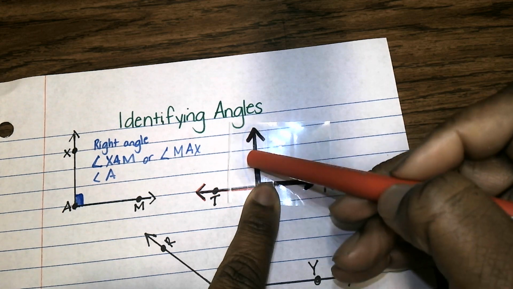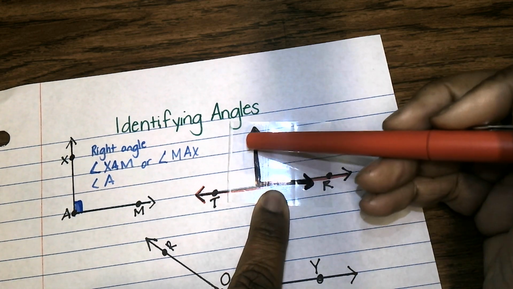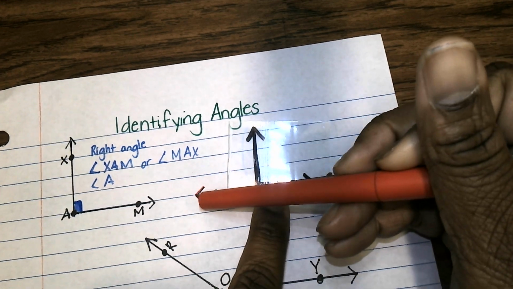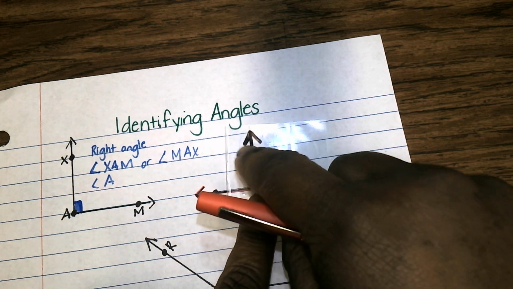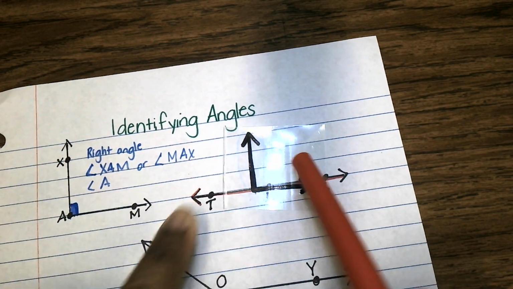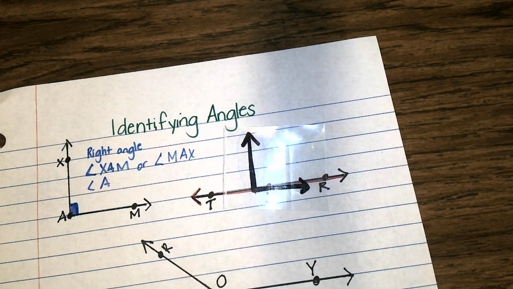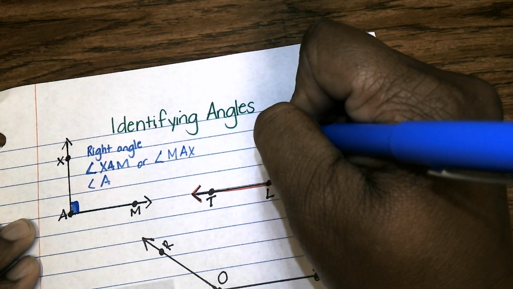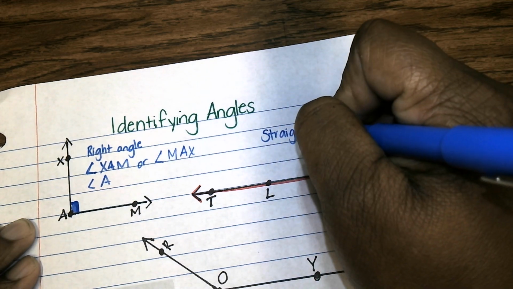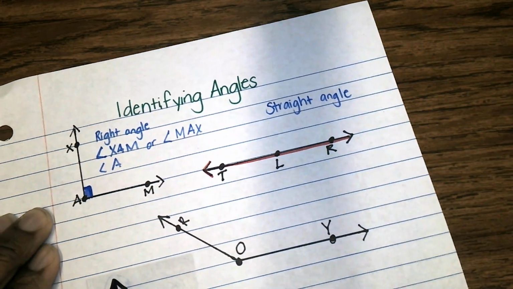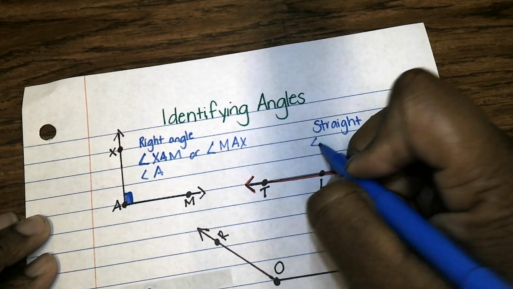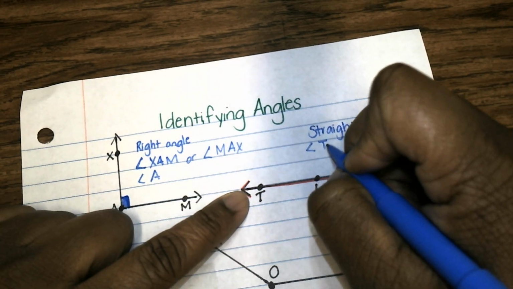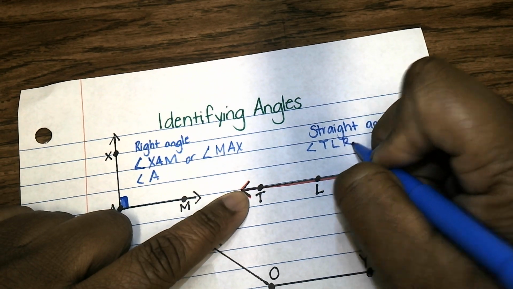Well, in order for that to happen, this part of the angle, or this ray, would have to go backwards and essentially lay flat. So we know that an angle that just lays flat across in this way is called a straight angle, because it makes a straight line. And then we would name it angle, and again, the middle point always stays. We can name this angle TLR.